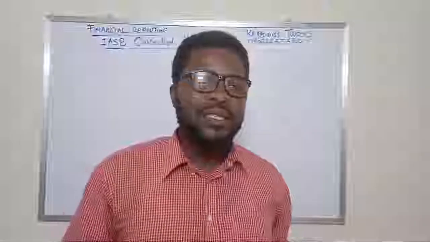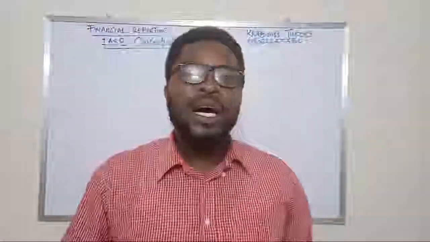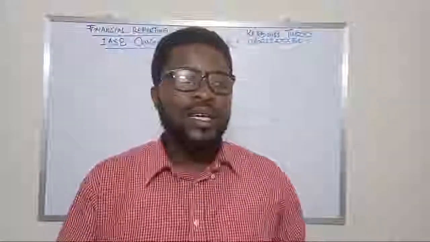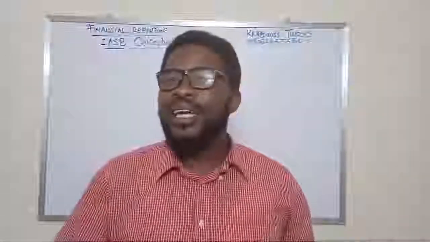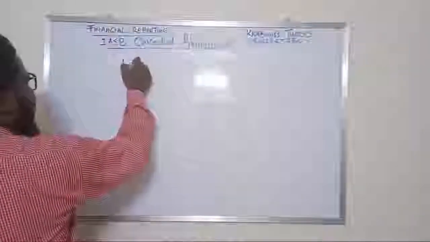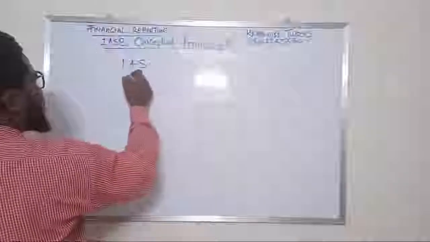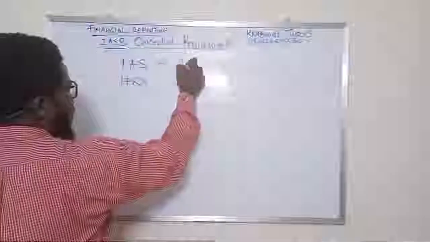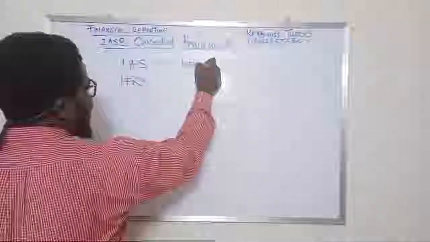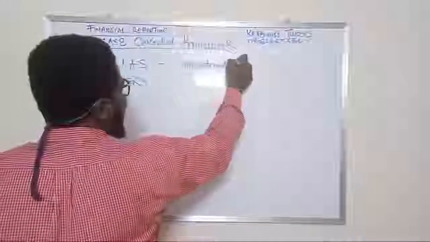Based on this, standards are being formed. IAS 1, different IASs which have come, and IFRS. You hear things like IAS, you hear things like IFRS. IAS is International Accounting Standard.